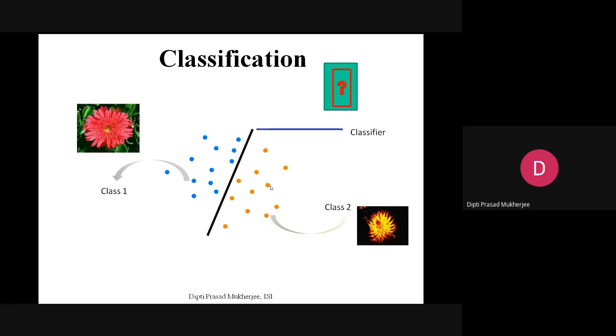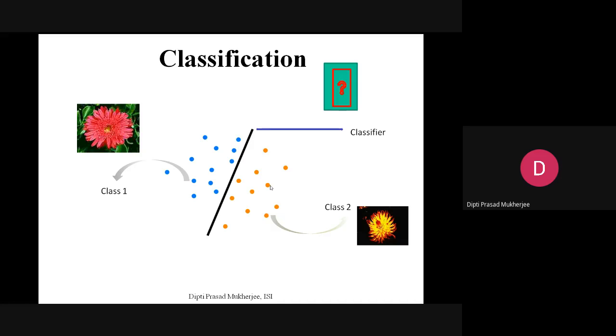But this green rectangle at the top is an unknown object. It's an unknown flower. So the question is, which class does it belong to? Does it belong to class 1 or class 2? Is it a dahlia flower or a chrysanthemum flower? That question we need to answer, and that is the challenge of classification.